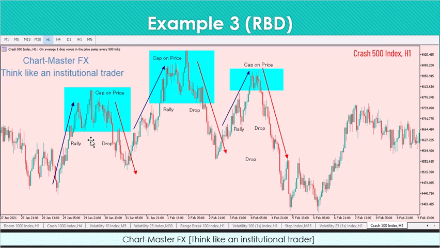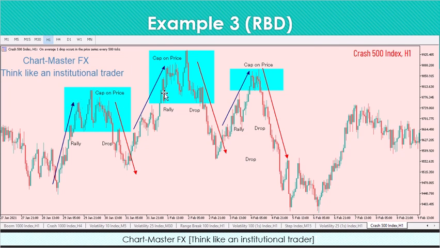And take note of how you draw these caps. As you can see, the cap area, you need to draw it properly. You look at the lower low here and the higher high here, then you can draw. You identify the lower low and the higher high, then you draw your cap zone.